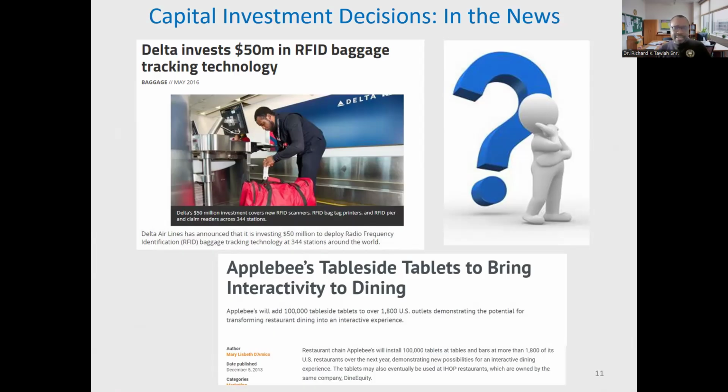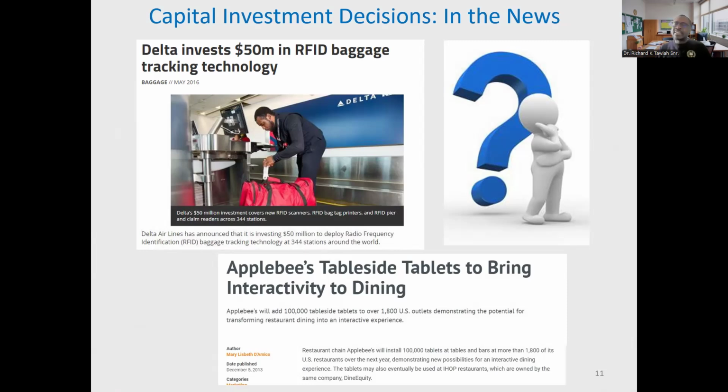Okay. In the news, look at some typical examples. So Delta invests 50 million in its RFID baggage tracking technology. That's IT, right? That's computing, but it is capital intensive. Applebee's will add 100,000 tableside tablets to over 1,800 US outlets, demonstrating the potential for transforming restaurant dining into an interactive experience.